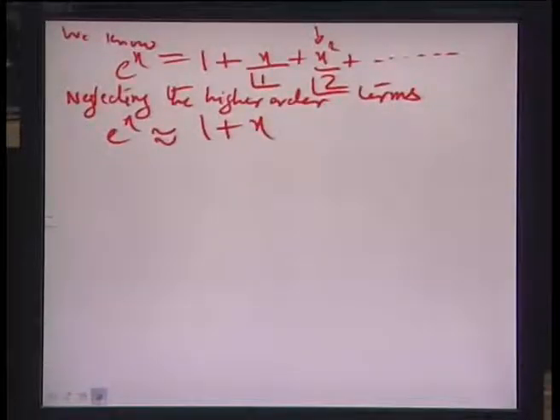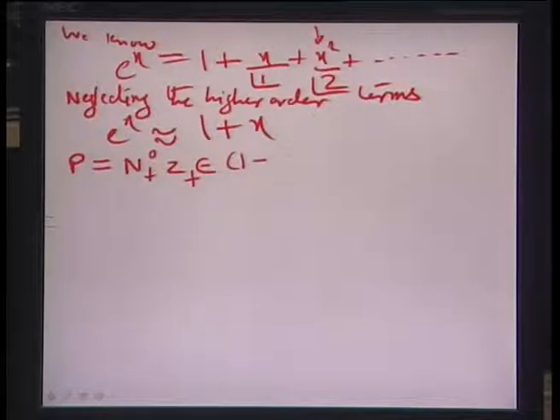So, if we put this back into our earlier equation on charge density, the density of charge rho would come out to be equal to n plus 0 z plus epsilon times 1 minus z plus epsilon phi by kT.